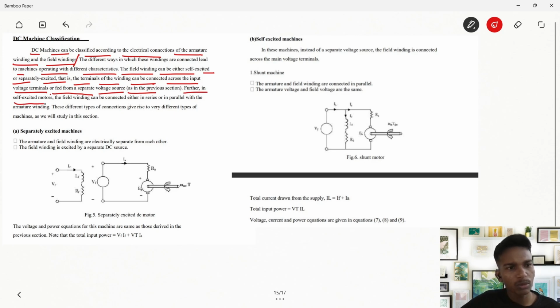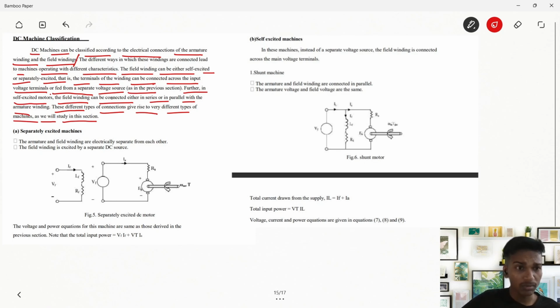Further, in self-excited motors, the field winding can be connected either in parallel or in series with the armature winding. These different types of connections give rise to different types of machines, as we will study in this section.